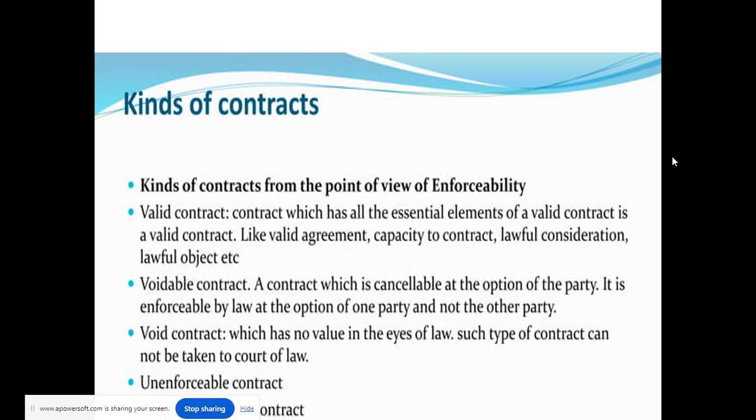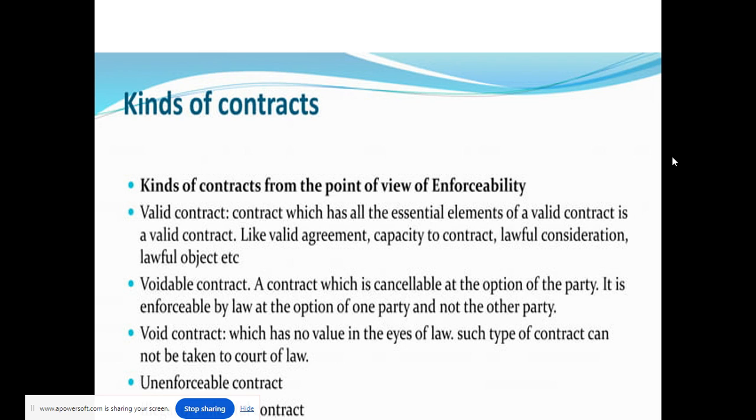A void contract means it is not enforceable by law, whereas a voidable contract is enforceable by law at the option of one party but not at the option of the others. In an illegal contract, no court will entertain or enforce it.